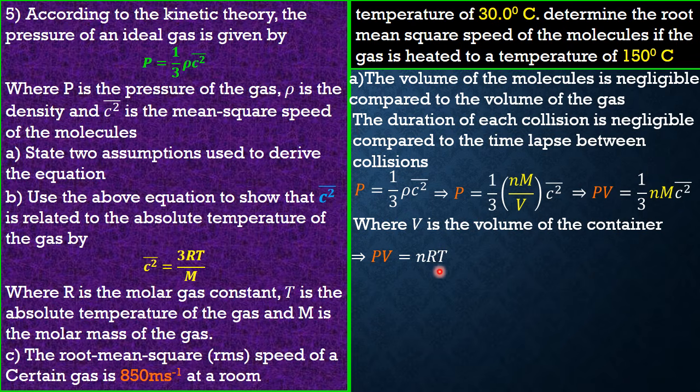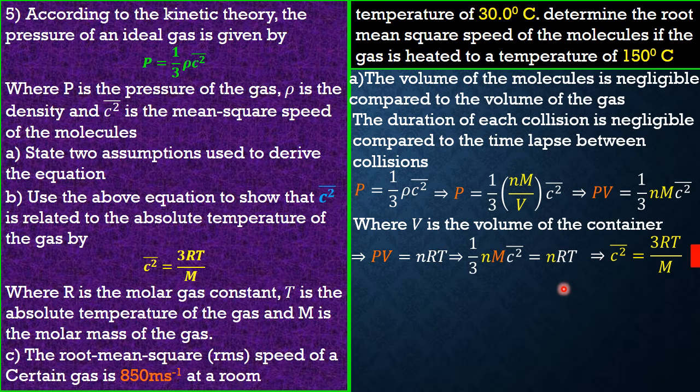So 1/3 nm c squared bar has to be equal to nRT. Our n can cancel on both sides. If we multiply all through by 3 and divide all through by m, we are going to have c squared bar equal to 3RT over m, as required. That's it, guys. That's the proof.